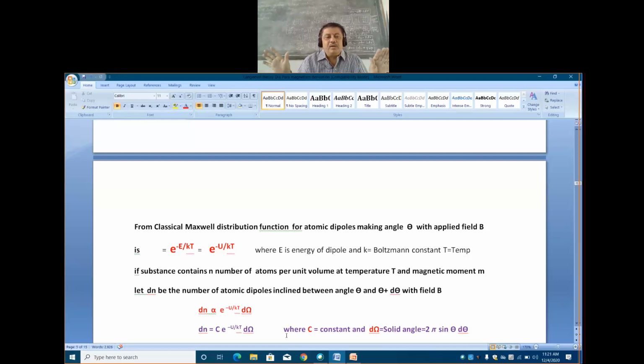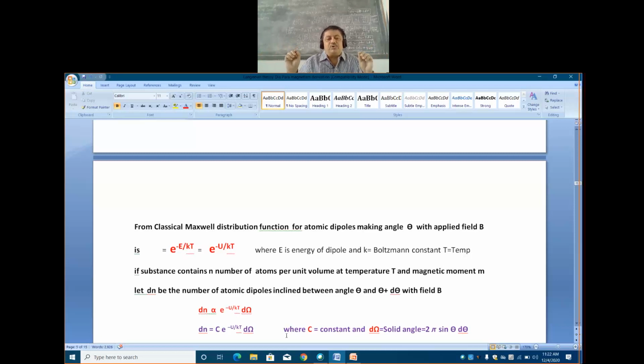Further, if the paramagnetic material contains n atoms per unit volume at a particular temperature T, with magnetic moment m, then dn is proportional to the exponential Boltzmann factor, e to the power minus U by kT, into the solid angle between theta and theta plus d theta.